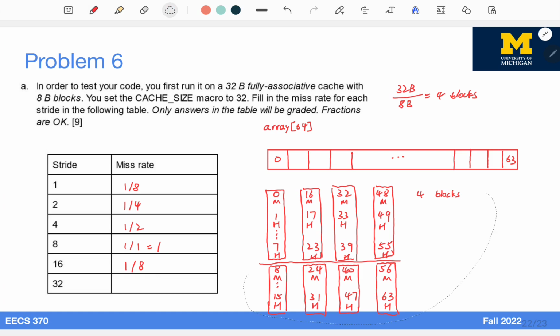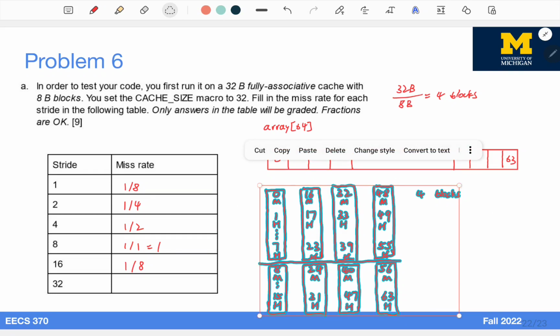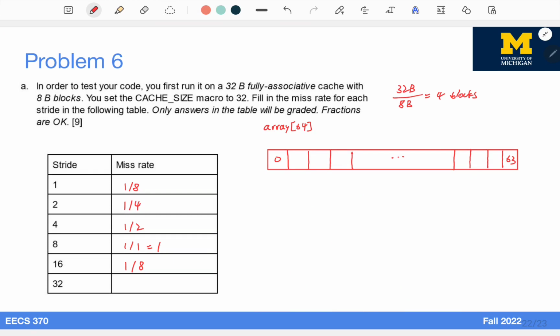Okay, finally for stride equals 32. It also has a very similar pattern to the stride equals 16 situation.